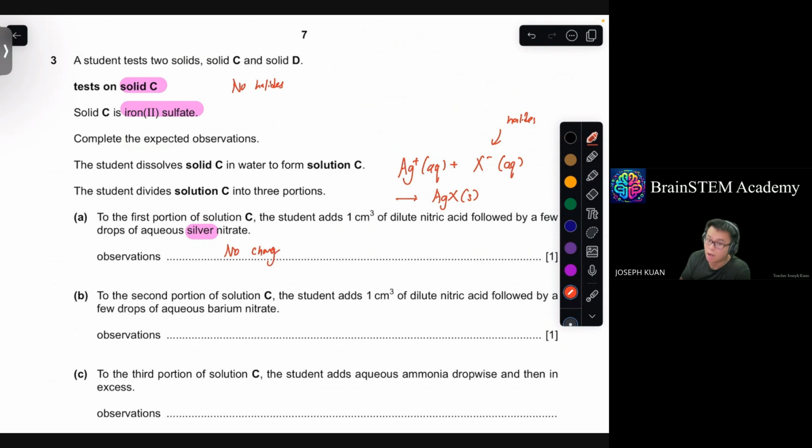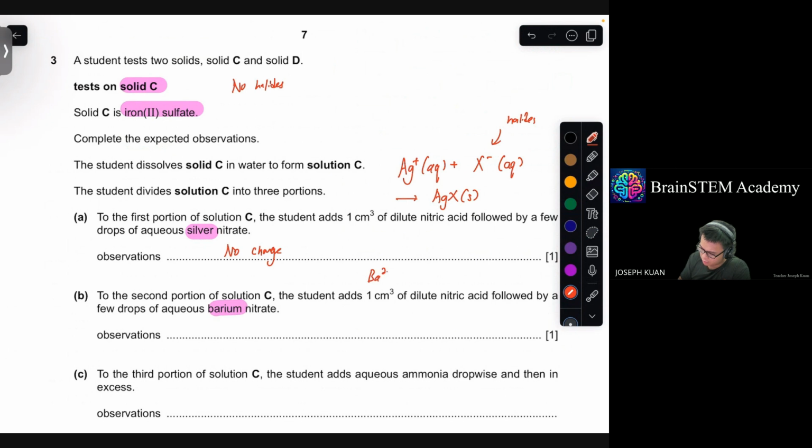No halides, meaning no change in the observation. Moving on to B, to the second portion of solution C, the student adds 1 cubic centimeter of dilute nitric acid, followed by a few drops of aqueous barium nitrate. Now, similarly, the keyword here is barium.